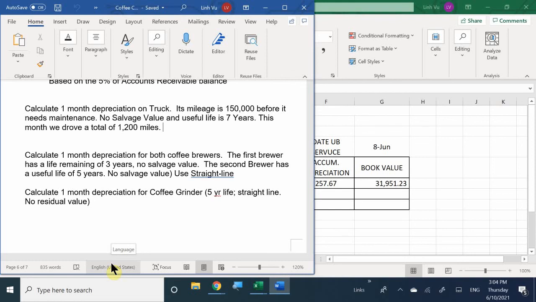So in this case, which method are we going to use to depreciate our coffee brewers?